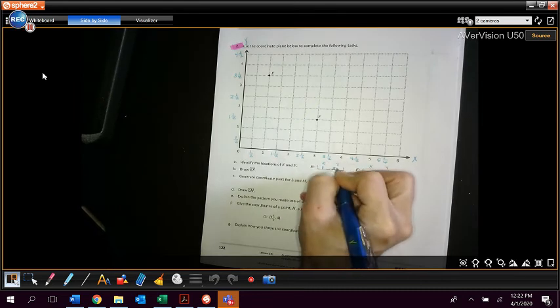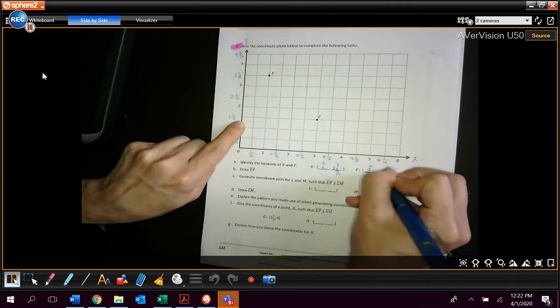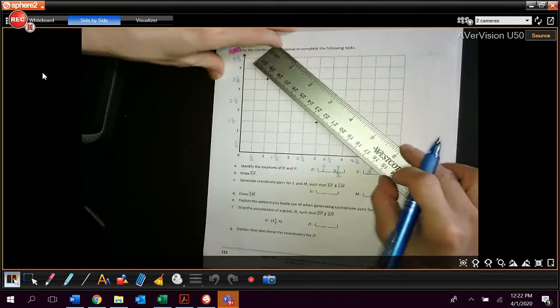So it's going to be 1 and 3 and a half. Then I'm going to do F, which is 3 for X and 1 and 1/2 for Y. Now I'm going to draw my segment.